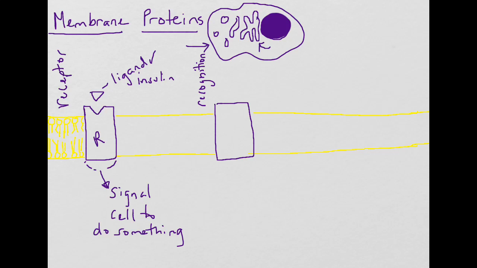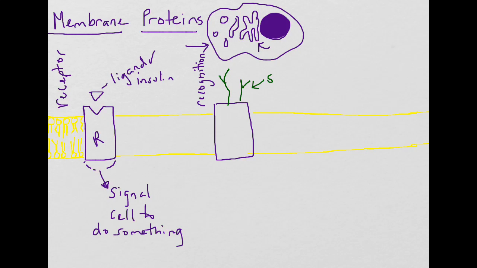These are often a protein component. I drew my little square there, but a lot of times they have a sugar component hanging off of them, and I'm drawing them branched. Those little green branches would be branches of sugars. So it's really a protein-sugar combination.